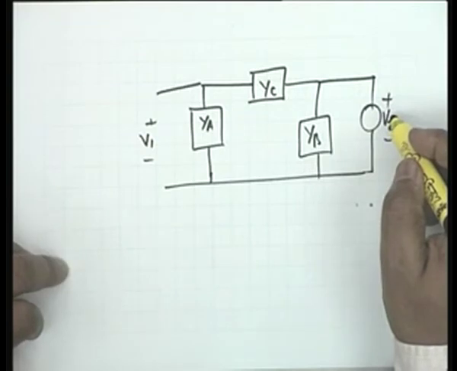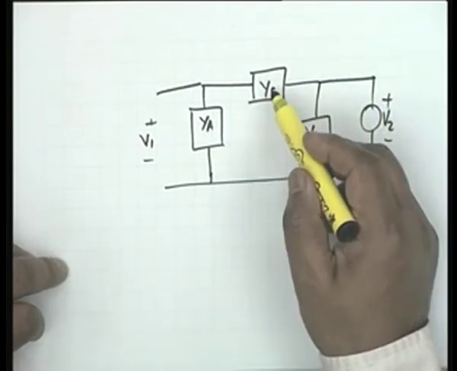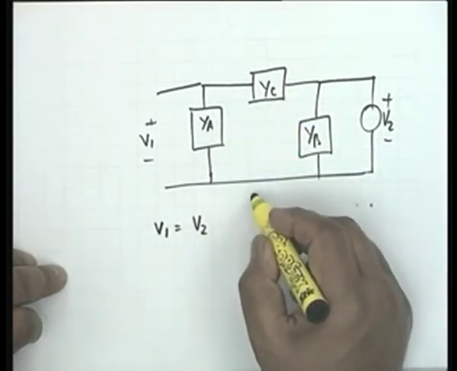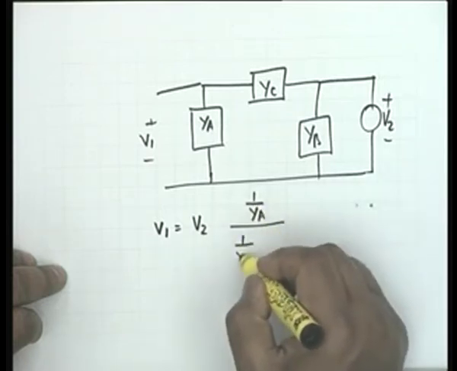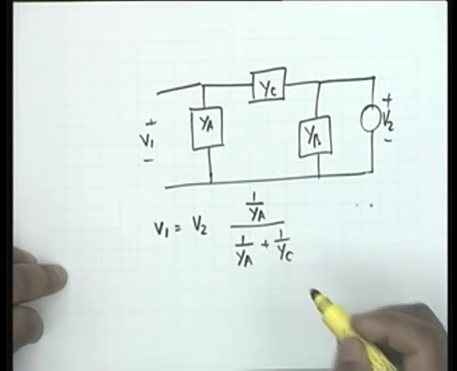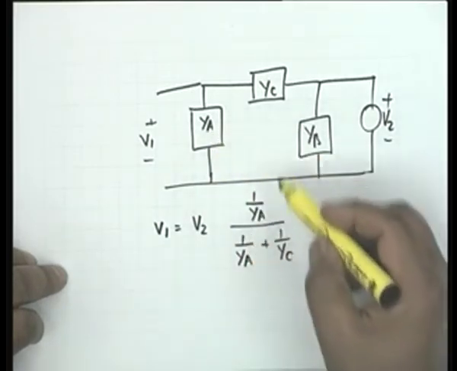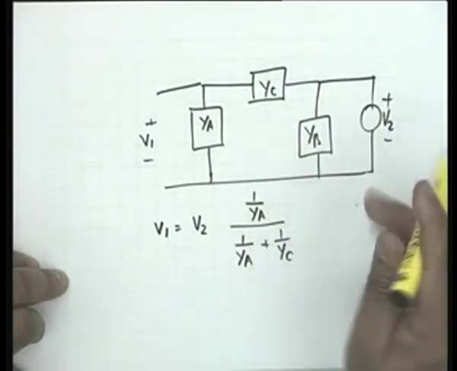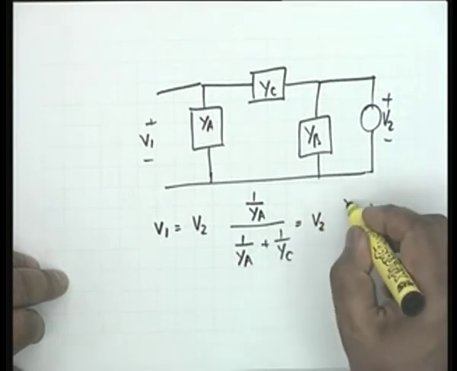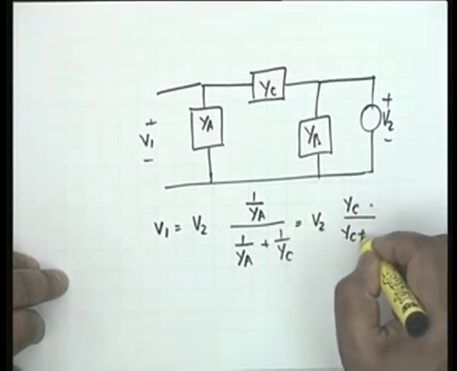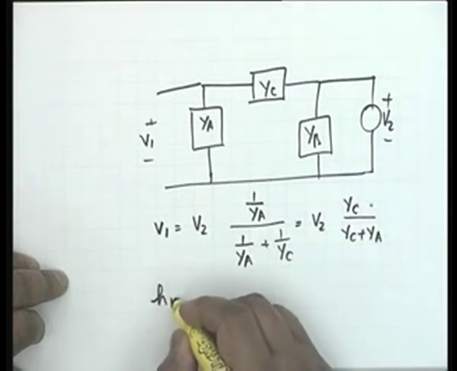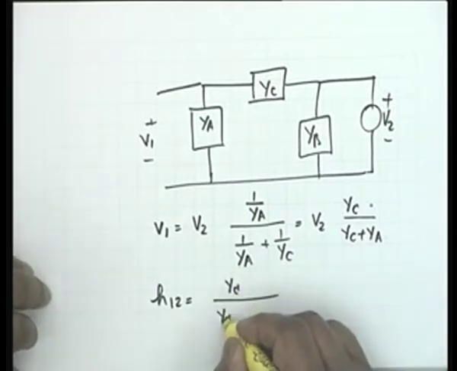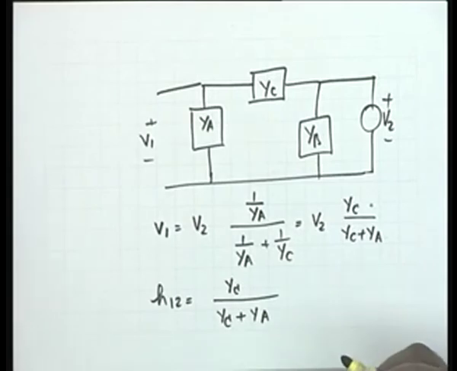So V2 therefore divides, there is a potential division between YC and YA. Therefore V1 would be equal to V2 times 1 by YA divided by 1 by YA plus 1 by YC. Is that clear? This is impedance, that is ZA divided by ZA plus ZC, not YA divided by YA plus YC. This is in fact V2 times YC divided by YC plus YA, and therefore H12 is V1 by V2, simply YC divided by YC plus YA. Is that clear?